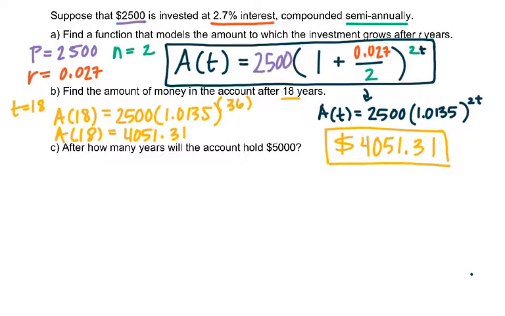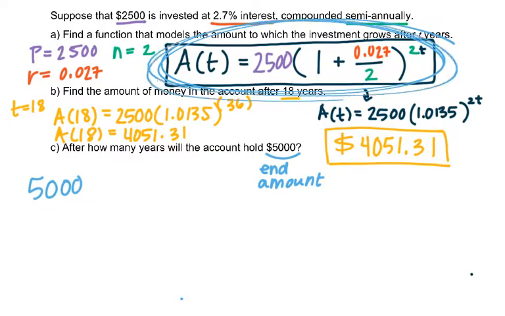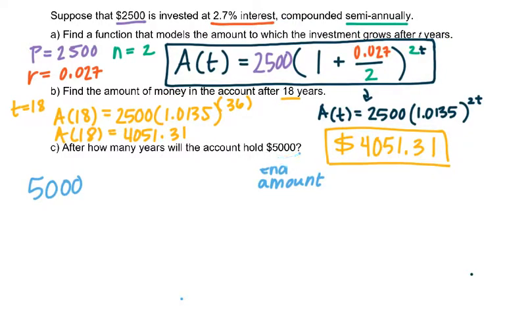Okay, so the next part, after how many years will the account hold $5,000? So in this situation, $5,000 is my end amount, right? So that means we're taking our equation up here, and I'm putting 5,000 in as my end amount.